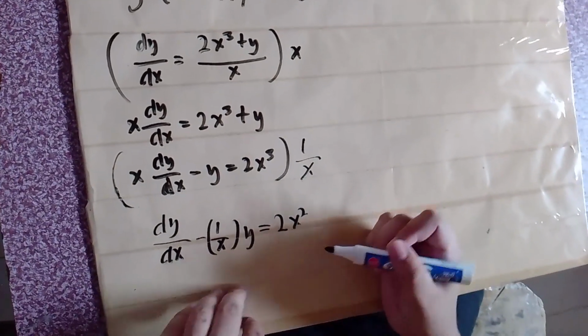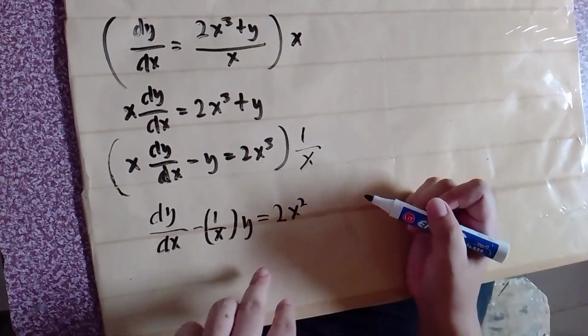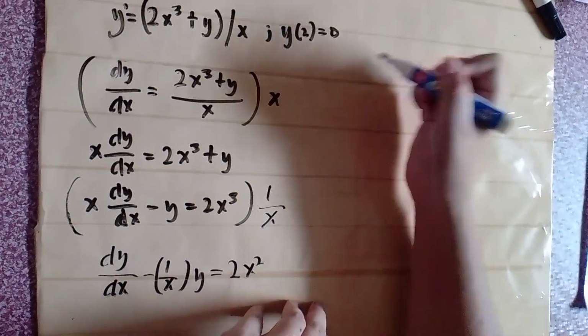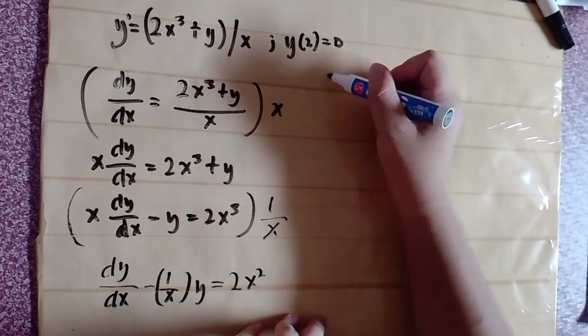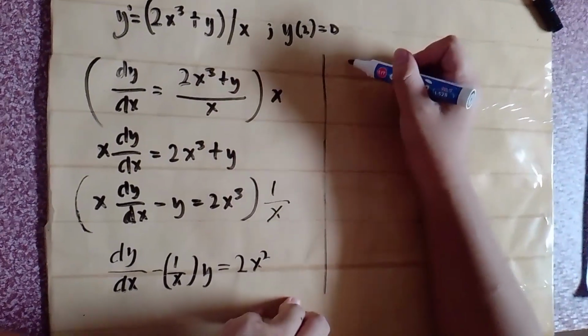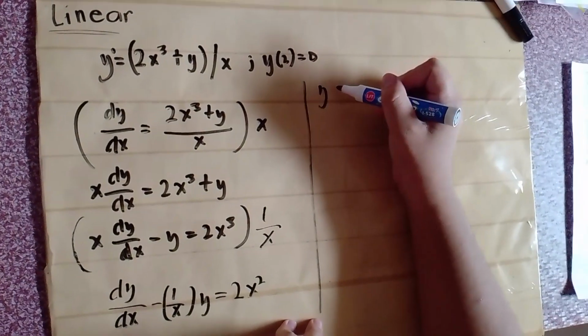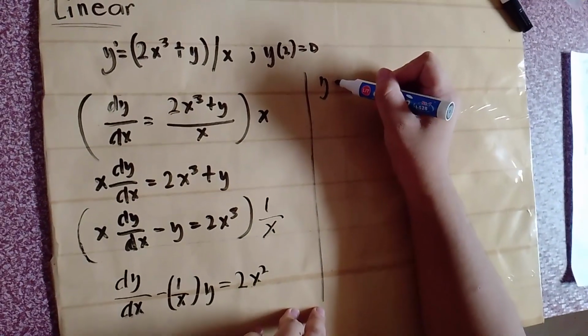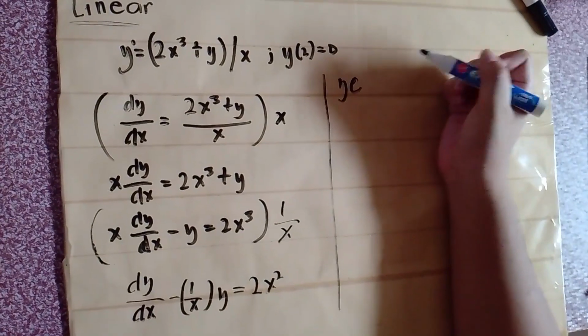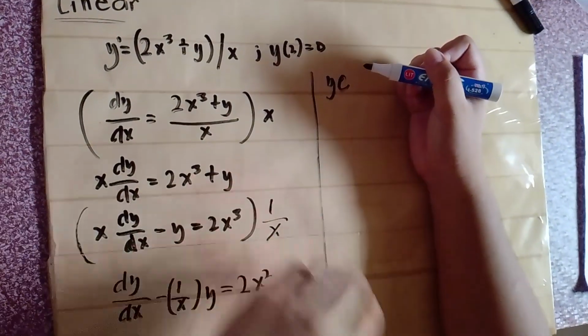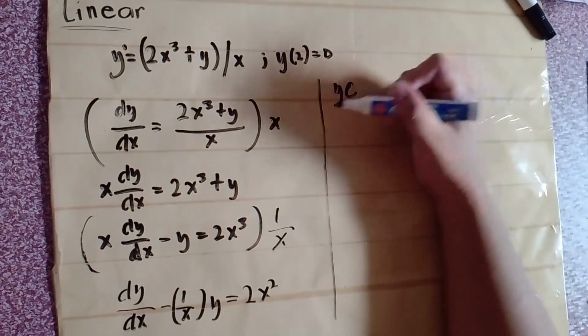So as we can see, our equation is linear in y. So we have y times the exponential. This is our formula for the linear equation in y.